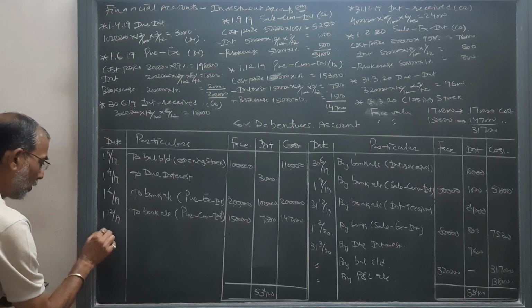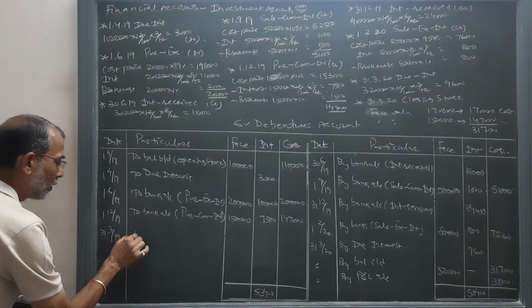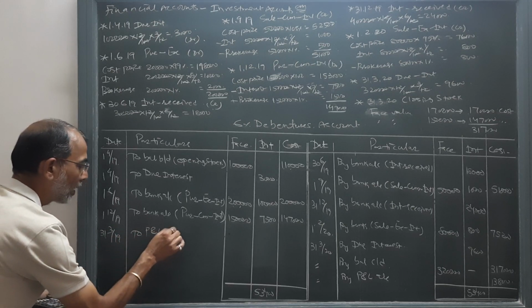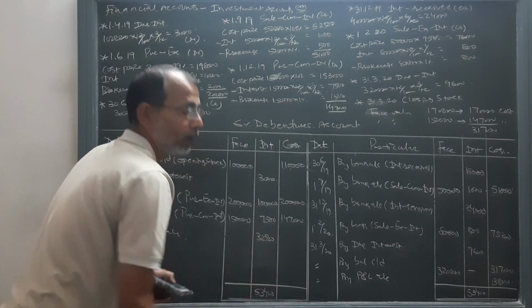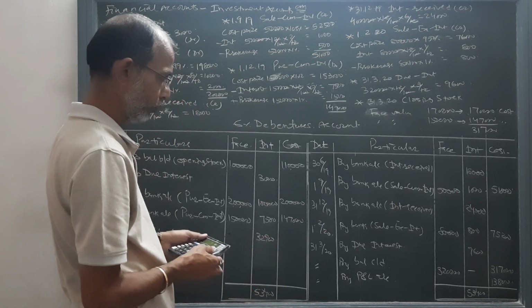So on 31st March 19 to profit and loss account, the balance of 32,900 will be transferred as interest received.